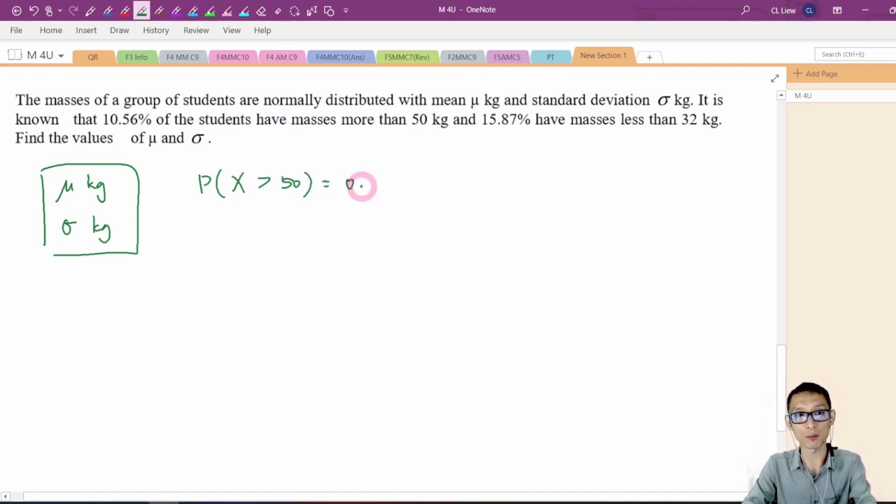It means that 0.1056. Let me continue reading the question: 15.87% have masses less than 32 kilogram.